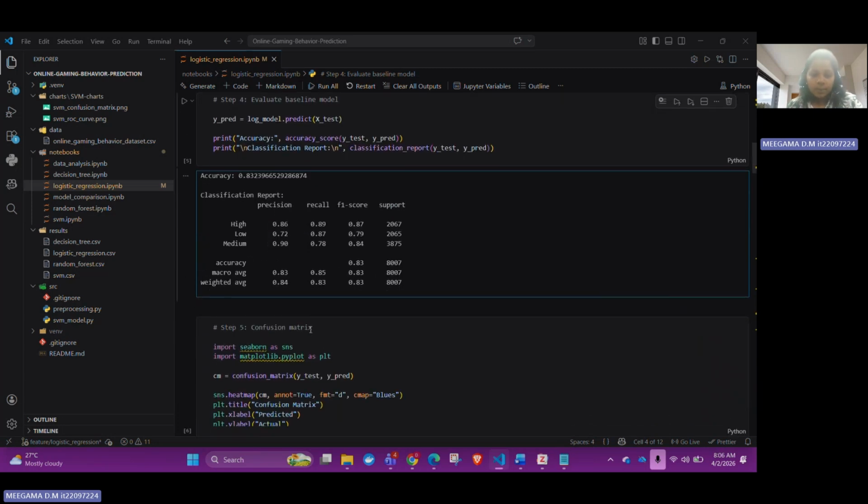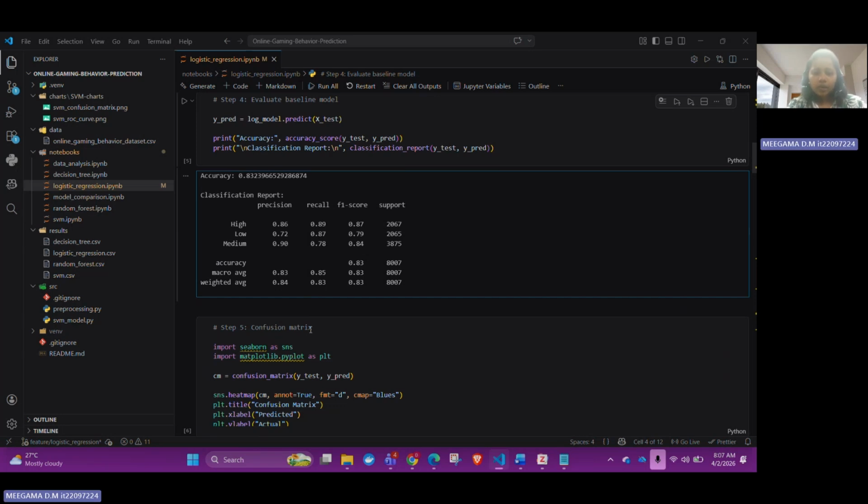In the lower level, we can identify a recall of 0.87 and a precision of 0.72. So it is somewhat lower than the higher level, quite different from the higher level.